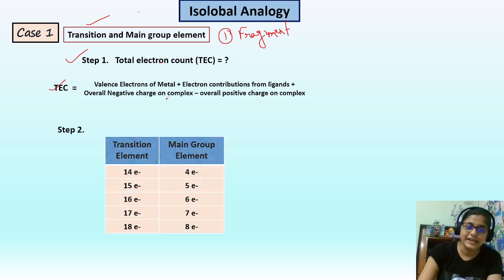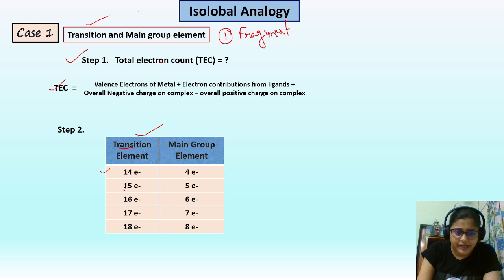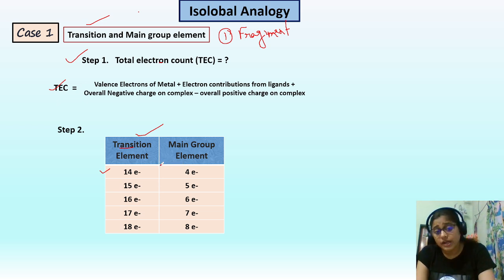Now the next step is very interesting. This is for the transition metal versus main group, right? For the transition metal, the total electron count will always be a higher number. If 14 electrons is found for the transition metal, then for the main group this much should not be there for bonding. So how can we compare the total electron count?